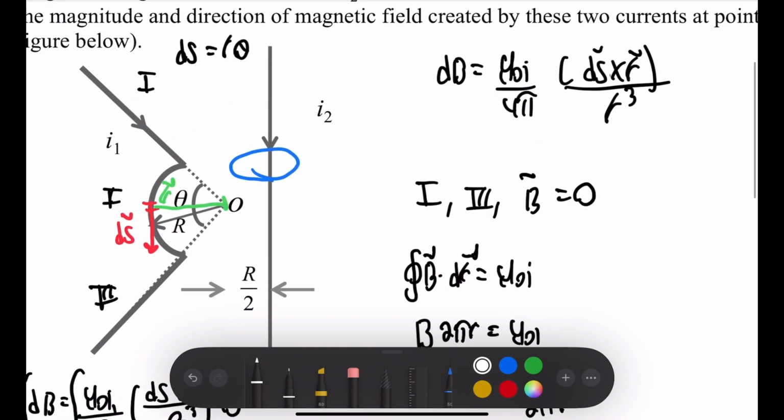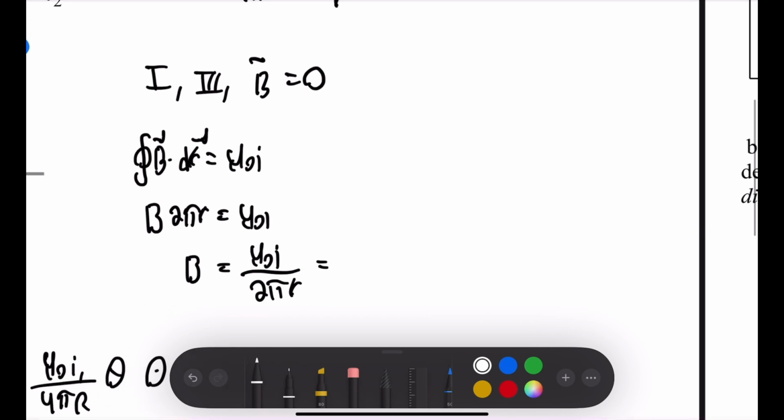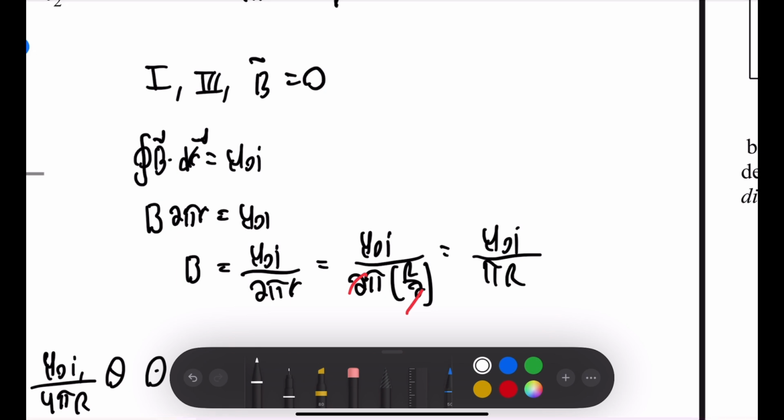But in this case, we have a specific radius, right? This is going to be r over 2. So we just plug it in here. We get mu naught I over 2 pi r over 2. We see the 2's cancel, so we're just left with mu naught I over pi r.